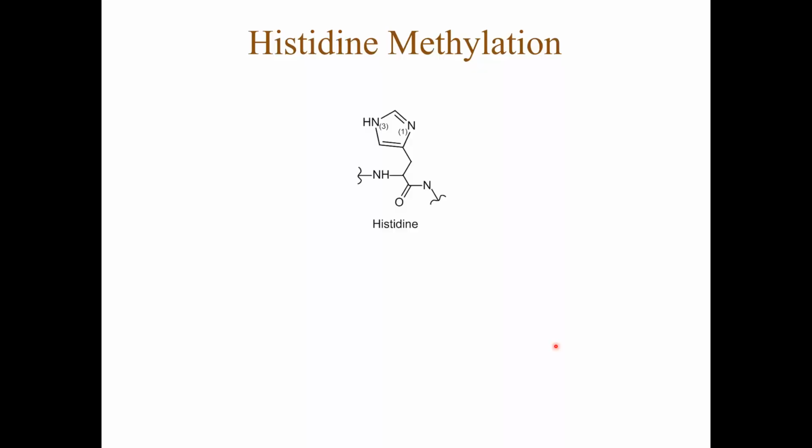All right, then I'll skip to the next part of the talk, which concerns histidine and the methylation of histidine. Here you see the structure of histidine. The side chain has this characteristic imidazole ring. The imidazole ring has two nitrogens that are called N1 and N3. And both of these nitrogens can be both protonated and methylated in cells.